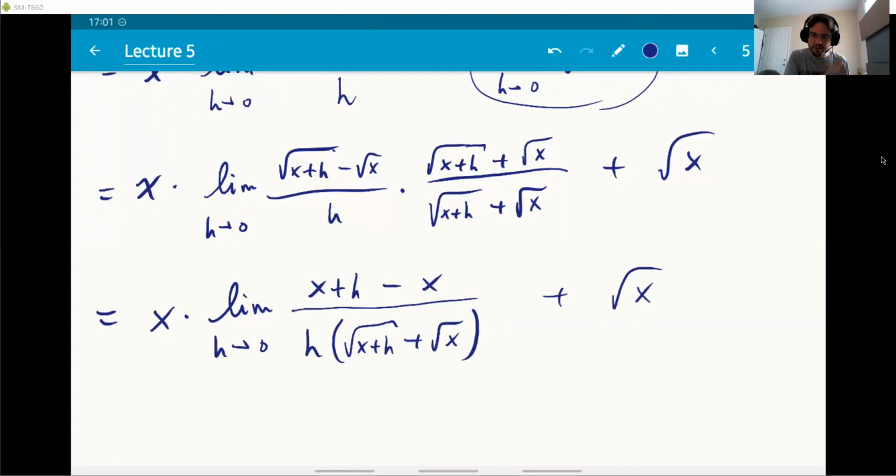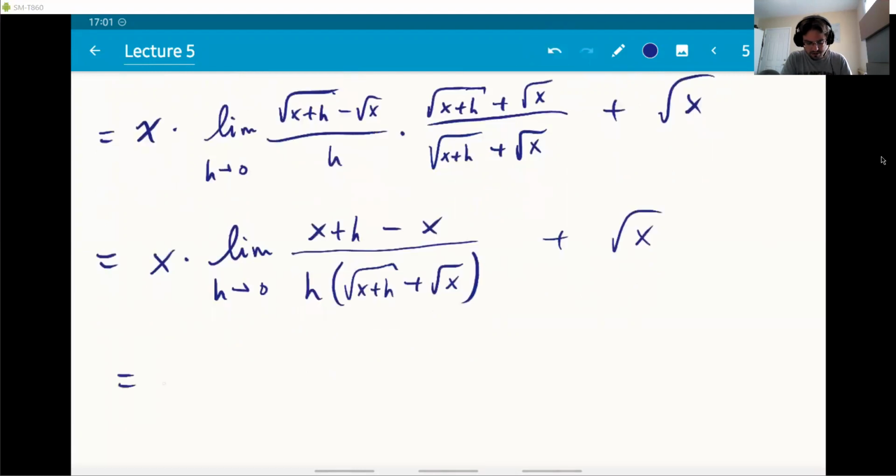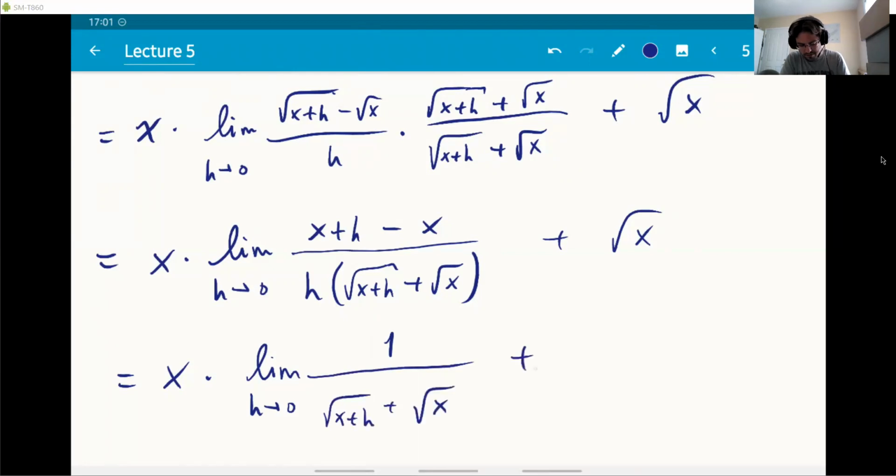And now you can see what the point was, because you have x minus x, they go away. There is just going to be an h at the top, which cancels with the h downstairs. And suddenly you have gotten rid of the problem of the limit.